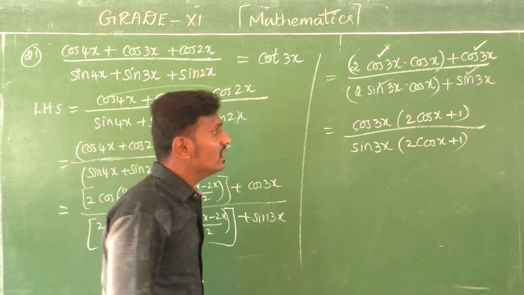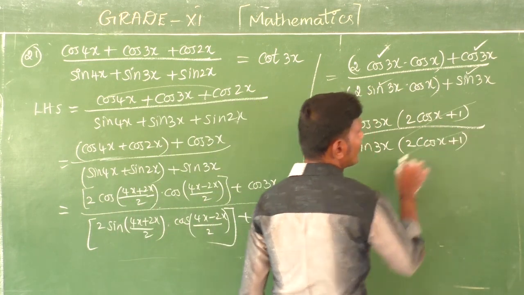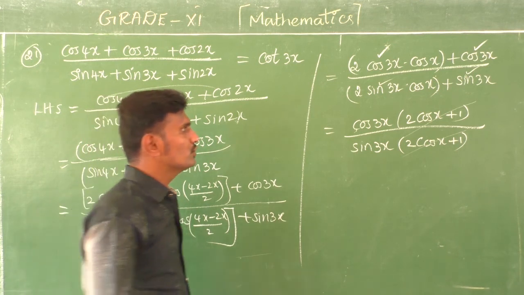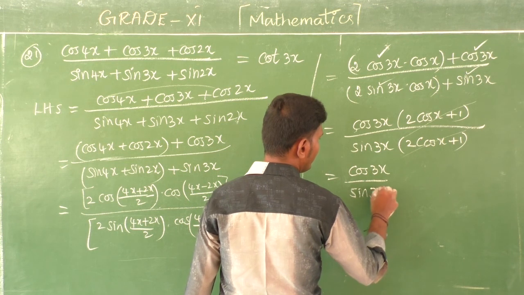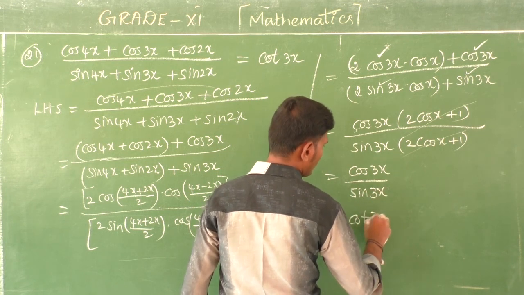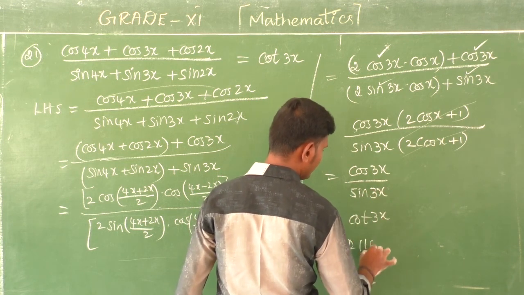Now from the numerator and denominator we have the common term 2 cos x plus 1. The remainder is cos 3x by sin 3x, which is equal to cot 3x. So that's your right side.